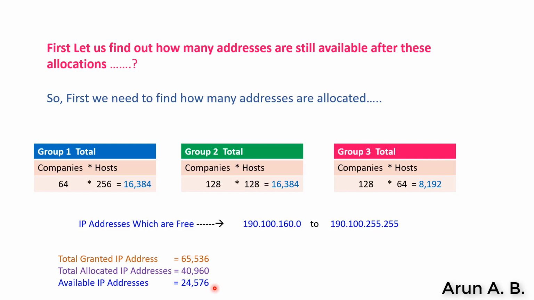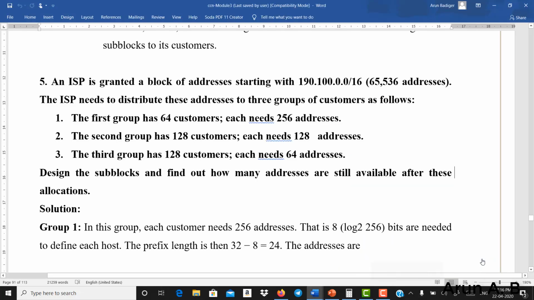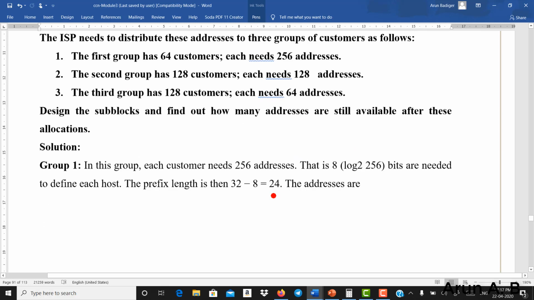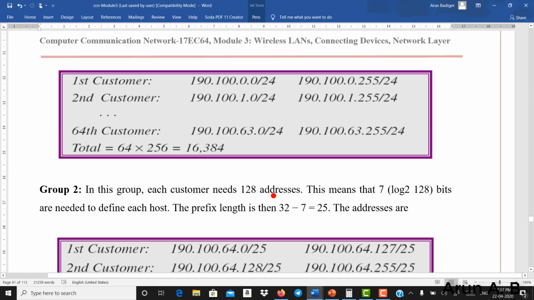Find out all the IP addresses which are assigned, find out the total of the IP addresses assigned, and find out which are the freely available IP addresses. You can see here the same problem was given in my notes, and I have explained the same problem in the above part of this video. We have discussed the same problem.